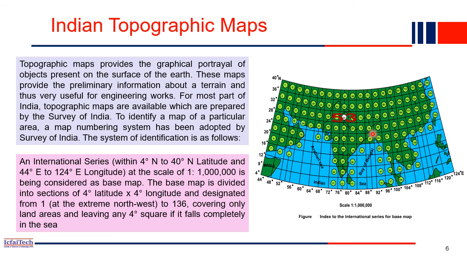In Hyderabad we have some location where the exact latitude and longitude is written, on a small structure. Maybe, as an example, at the Hussain Sagar Buddha statue, something will be written: the latitude and longitude of the Buddha statue is this much. So this is our first control point.